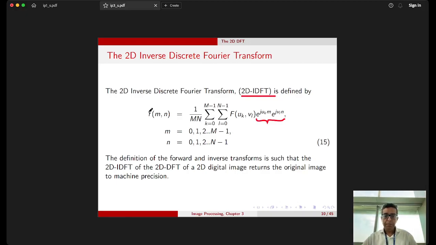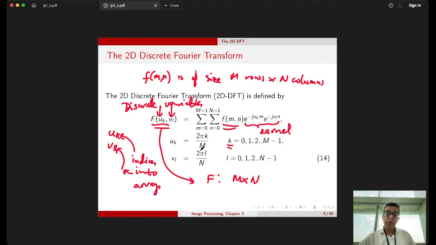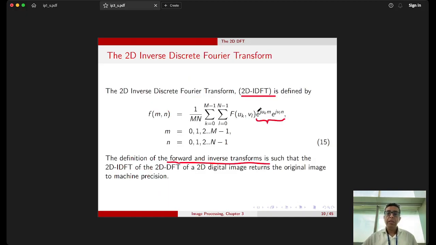All right, so the definition of the forward and inverse discrete Fourier transform is such that if you program these up, and specifically because you've restricted the number of values of discrete Fourier space to be the same as the number of pixels in the image, large M and large N, and the way you've specified and sampled the kernel functions, then the two-dimensional inverse discrete Fourier transform of a two-dimensional forward discrete Fourier transform of a 2D digital image returns the original image to within machine precision.